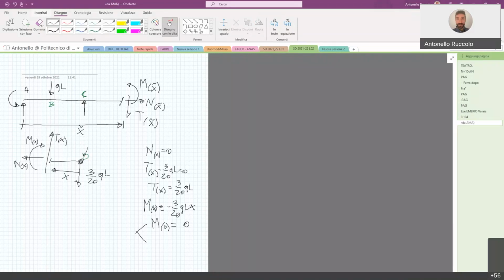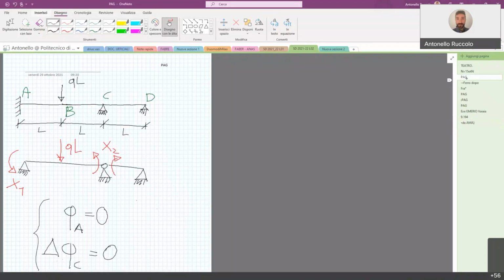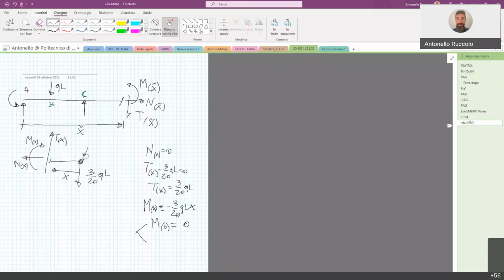We expect it because in the original structure, we had a hinge in the node D. So we have the possibility to rotate. This means that there is no bending moment, which would prevent any rotation.